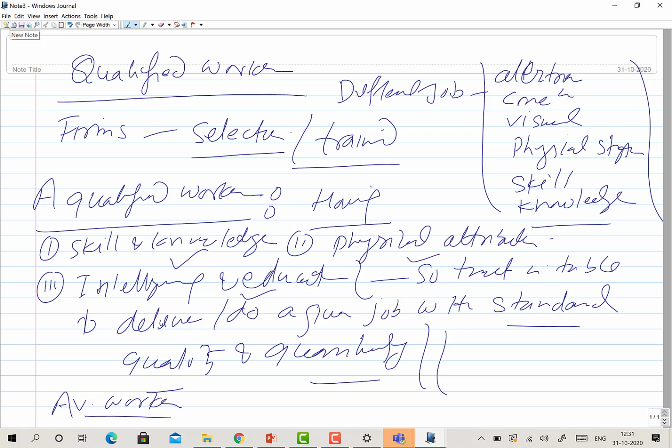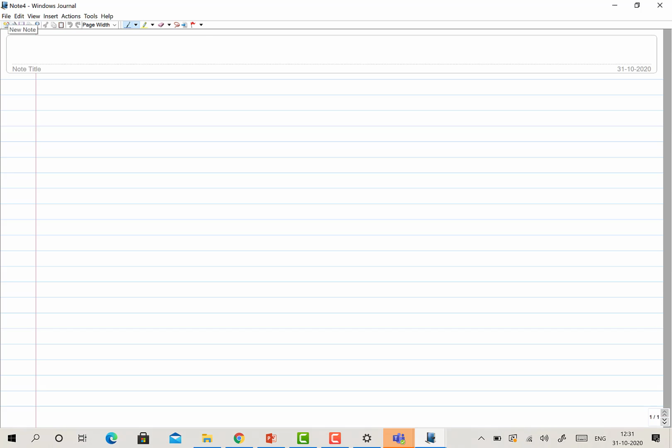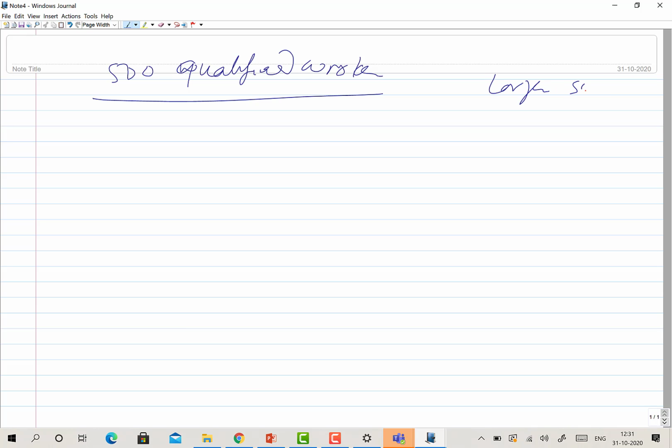Say for an example, in a company a particular job is being done by 500 qualified workers, okay. Then obviously few will be taking longer time, say 50 or more seconds, and others will be taking lesser time, like say 40 seconds or less.